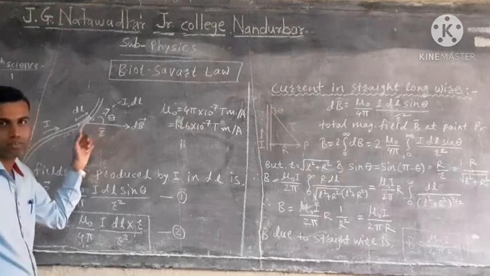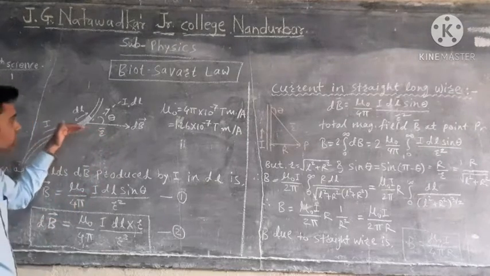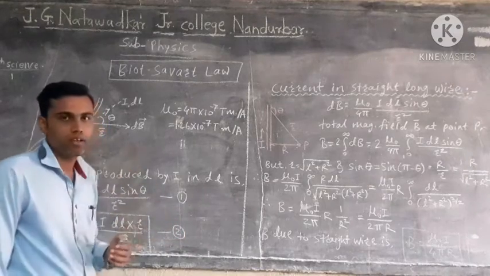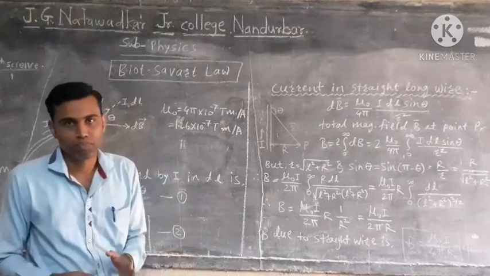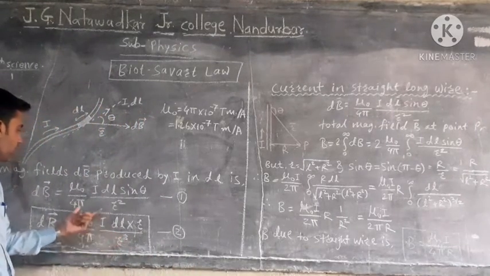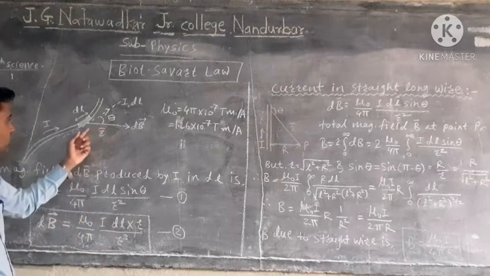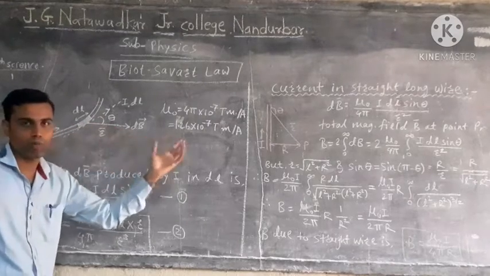As we can see, the magnetic field is going away from the wire. For every conductor, the magnetic field is produced away from the wire.